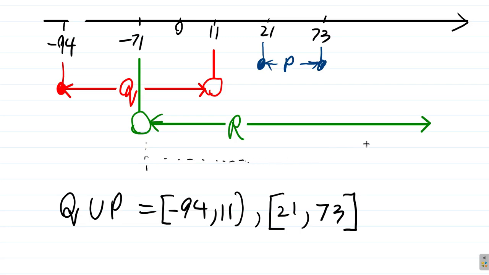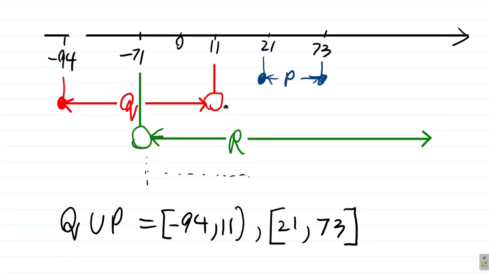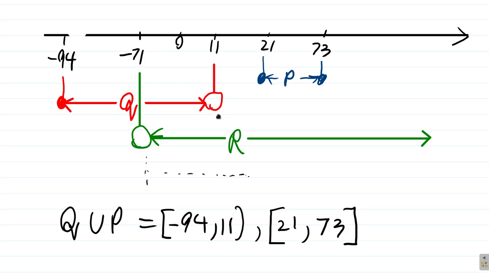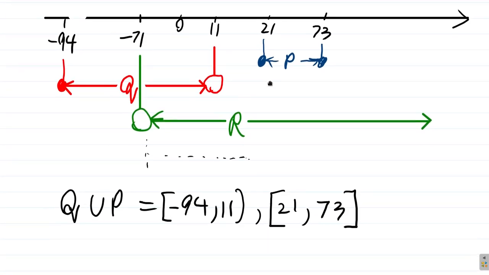It goes up to infinity, but for the intersection, that means both at the same time, right? You have this going up to here. Well, R goes to infinity. So that intersect R, this is included.